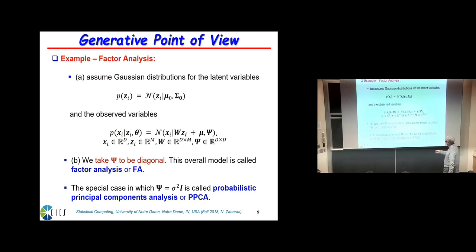So if you have seen this in the literature, if you see factor analysis, that's the model basically, okay? And actually, in the particular case where this matrix psi is diagonal. So there are a lot of versions of this type of thing.